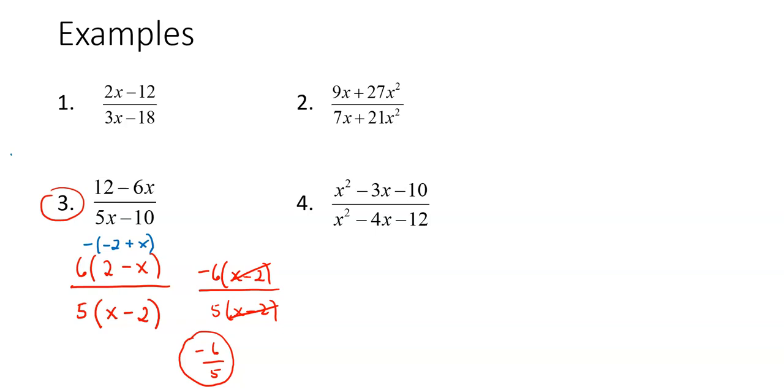All right, take a look at number 4. Number 4 is two trinomials that are both pretty easily factorable. So let's factor each one, and then see if any common factors cancel out. We can't just cancel the x squared top and bottom or something like that. We have to factor. So let's factor the numerator.